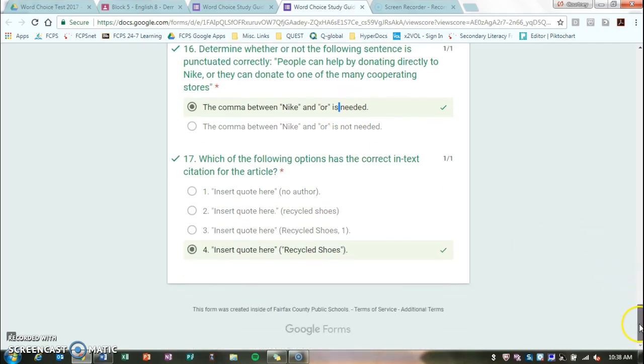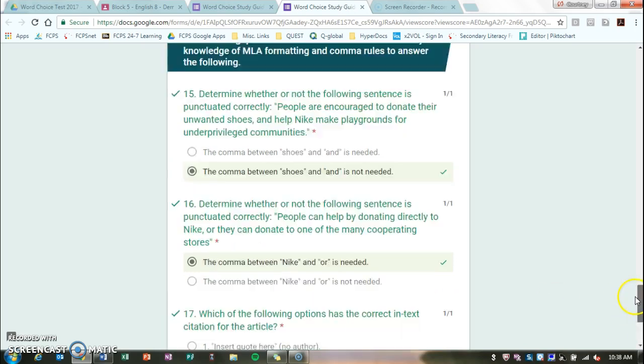So that is correct. The comma is needed. And our last one on the study guide, number 17, which of the following options has the correct in-text citation for the article? It is an article title, and we do not know the author. Therefore, recycled shoes in quotes in the parentheses is our correct citation.